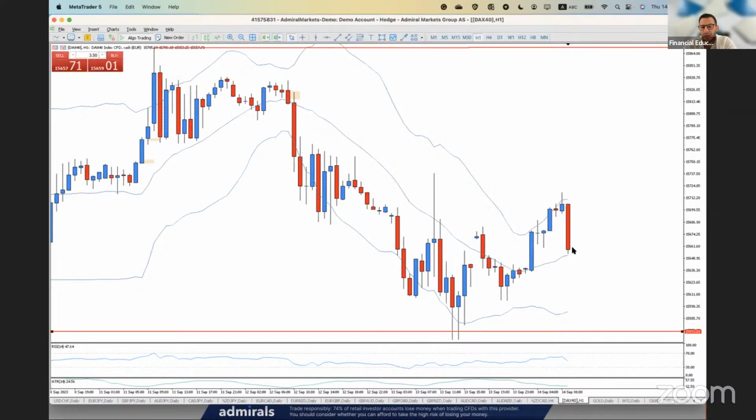So last hour's high, last hour's low, the range is so long for this market to go for 2-to-1 during the European session.